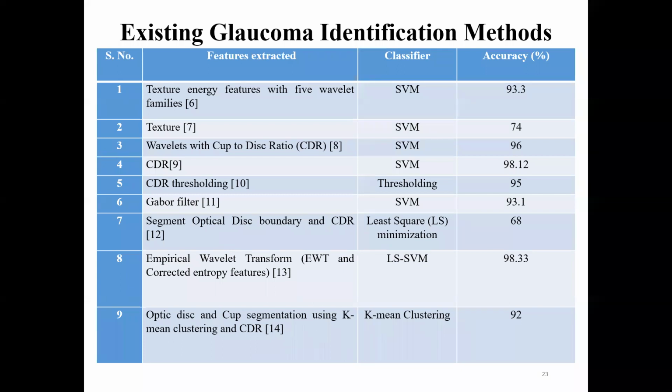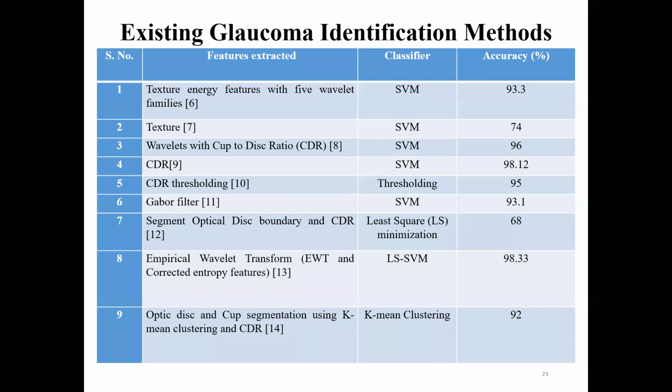And when texture based features and the SVM classifier are considered, the accuracy got reduced to only 74%. And when wavelets with cup to disk ratio features are taken on the same support vector machine, 96% accuracy was achieved.